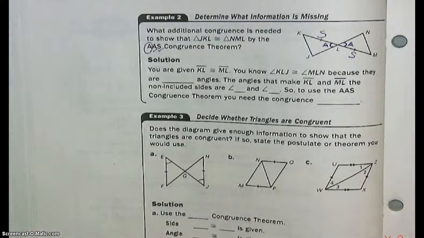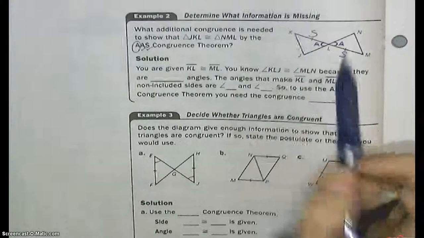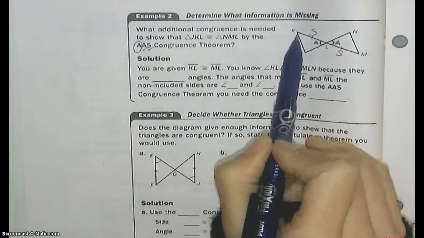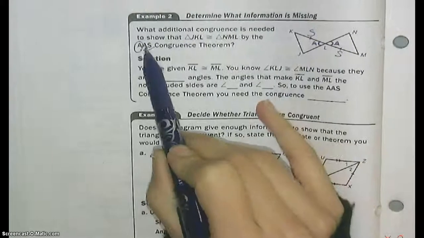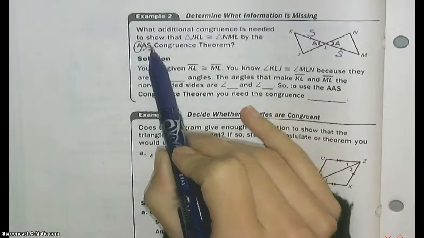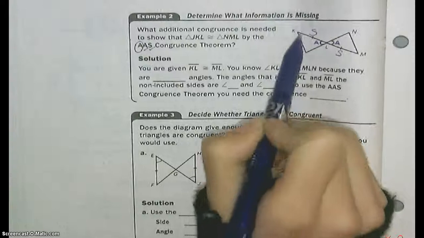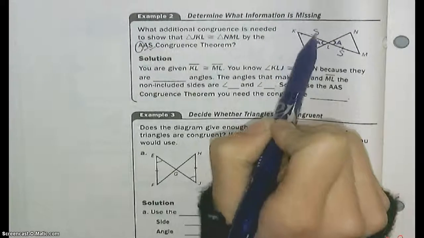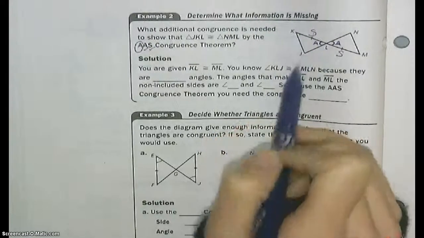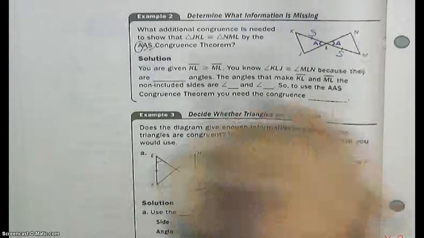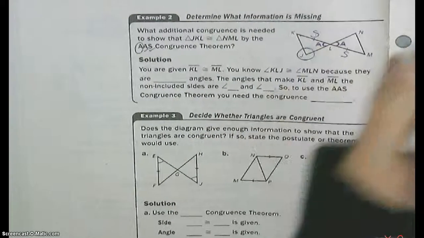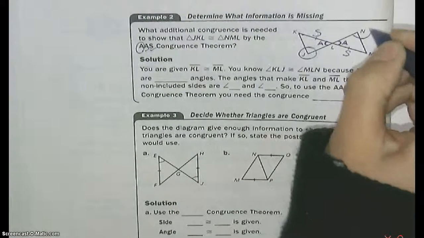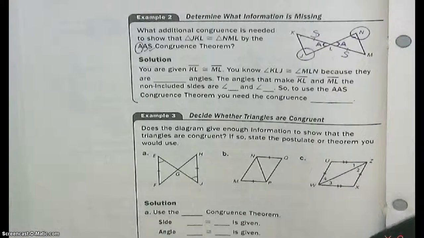So now the question is, which angle do we need? Do we want this angle or this angle? Well, it's angle, angle, side. So the side cannot be in between. So if I put my A here, the side is in between. I don't want this. I want my side to be by itself. So this is the angle I need, and this is the angle I need over here.